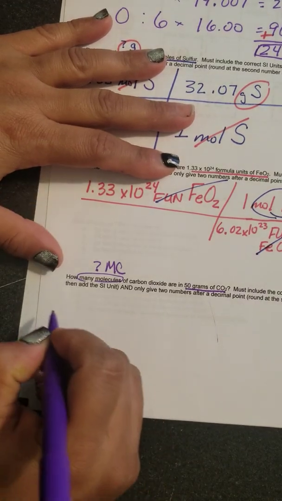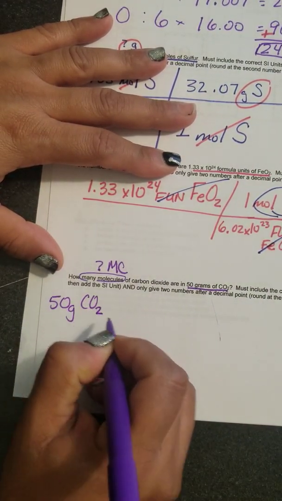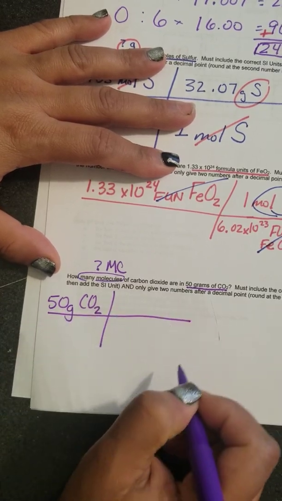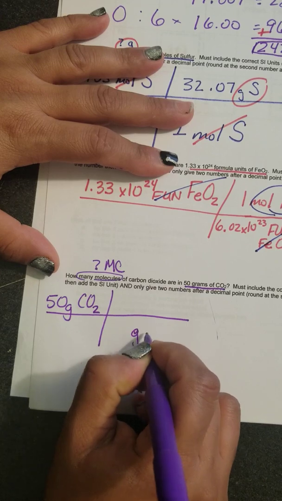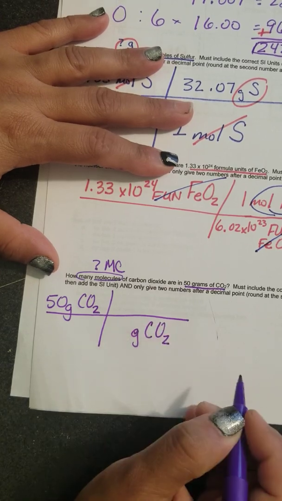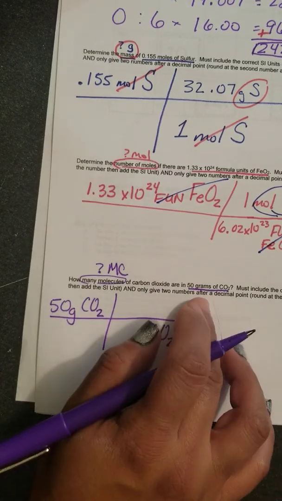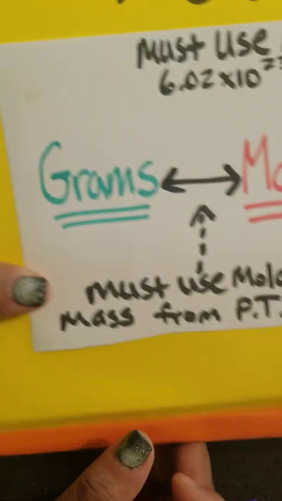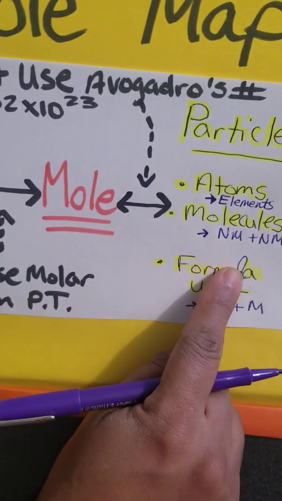Step 1, you write down what they gave you, 50 grams of CO2. The next step is if I have grams of CO2, I have to put it down here. So grams of CO2. Now let's go ahead and go to our mole map. I'm starting off with grams and I want to go to molecules.